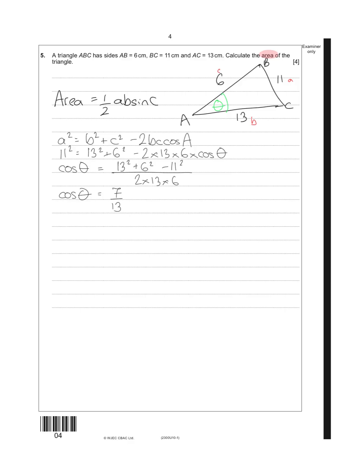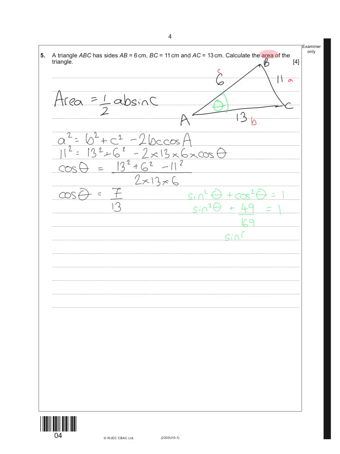Now, in this question, it says calculate the area. It doesn't specify that the area we need to find is exact. However, if it did say exact, what I would be encouraging you to do here is use the relationship. I'll use a different color pen for this. I'd be recommending that you use sine squared theta plus cos squared theta is equal to 1, and then you can work out that sine squared theta plus 49 over 169 equals 1, and you can work out sine theta that way.